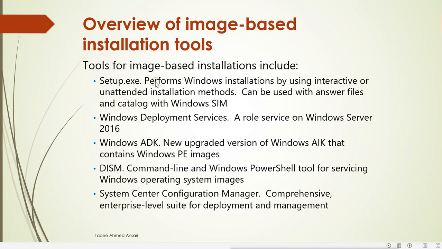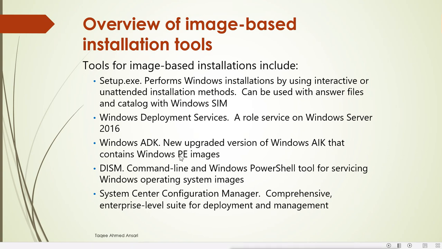So we can use setup, we can use Windows Deployment Services, then we can use Windows ADK. This ADK is a version of Windows AIK that contains Windows PE images. ADK is the Assessment and Deployment Kit. In this kit we have multiple different tools, including Windows PE, pre-executed installation images, pre-executed boot.